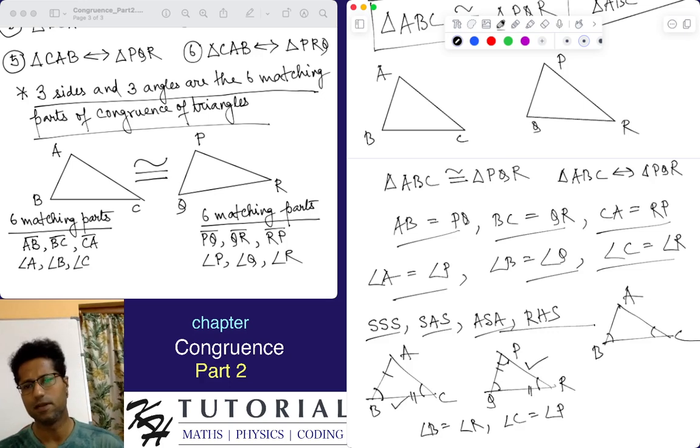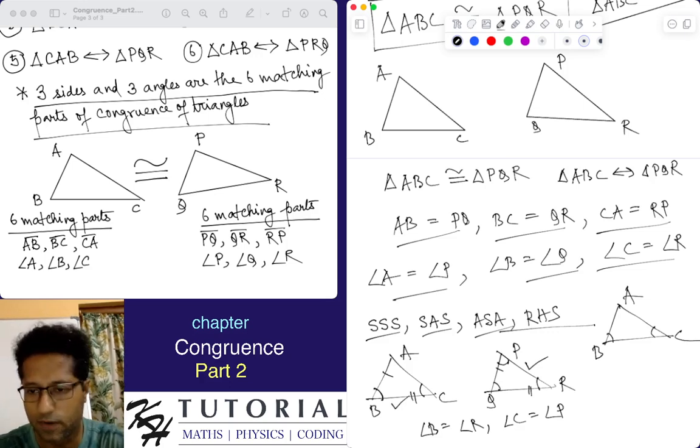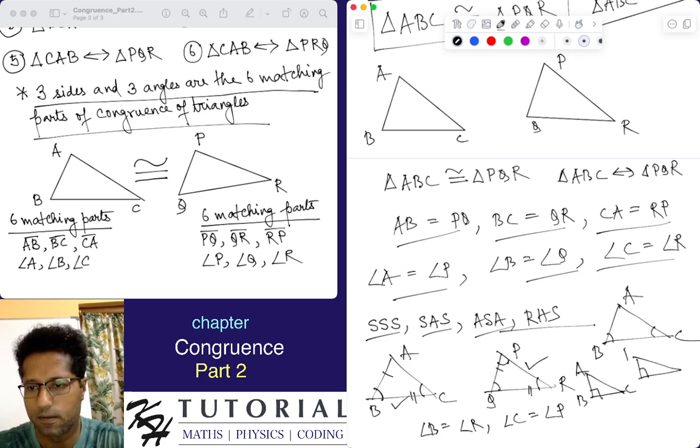RHS is determining congruency of two right angle triangles. So if you have two right angle triangles, let's say ABC, and we have another right angle triangle, let's say PQR.